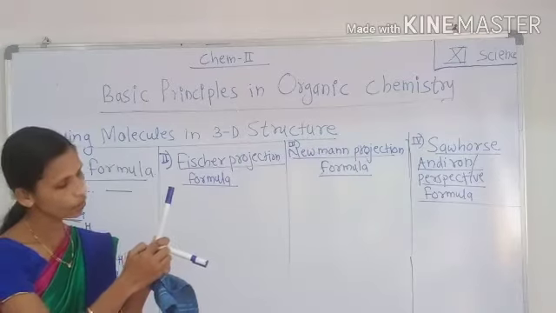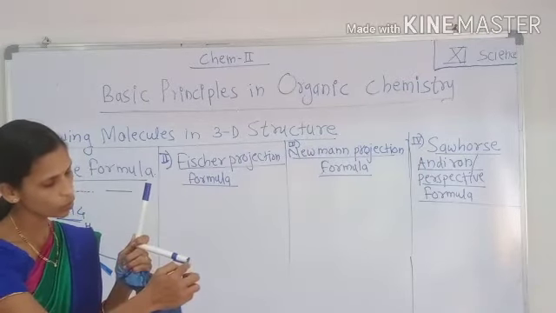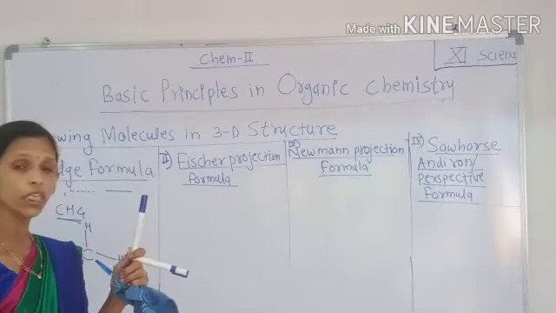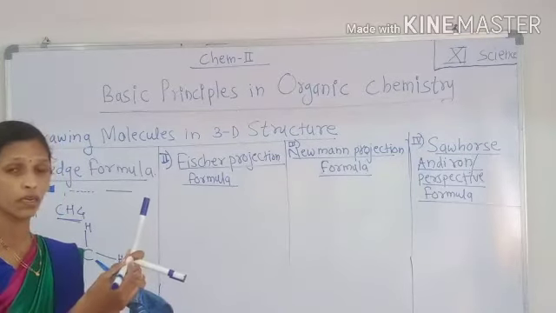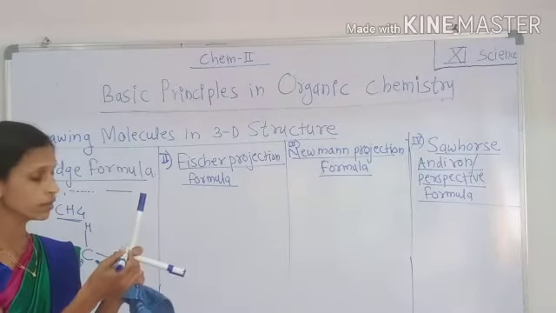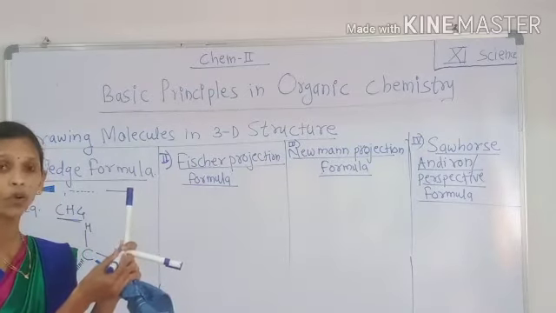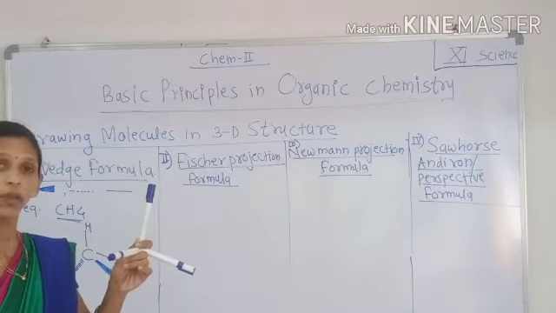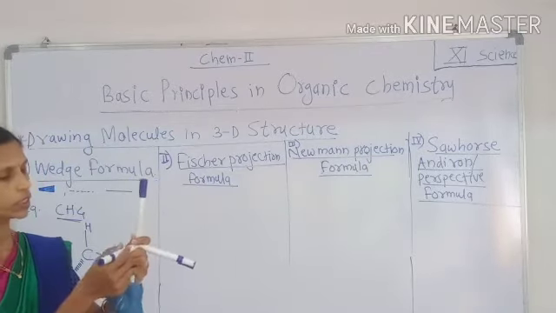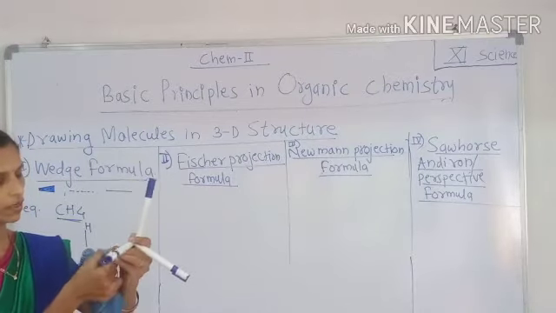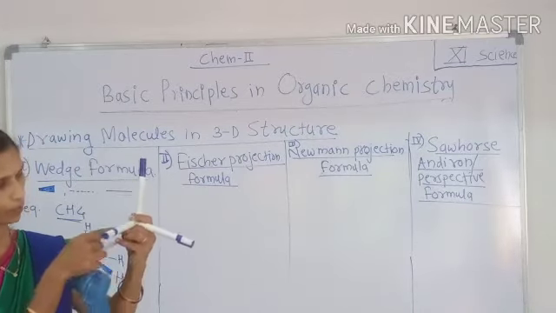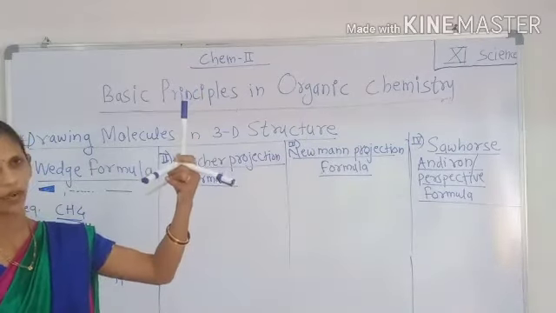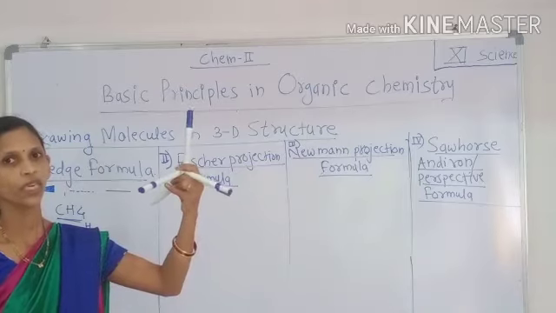That means this CH bond is on the paper, this CH bond is on the paper, and the CH bond which is projecting towards the reader, that means on the upward side of the paper, is like this. And the fourth bond, which is represented by a dashed line, is at the back side of the paper like this. See here, that is the tetrahedral geometry of the methane molecule.